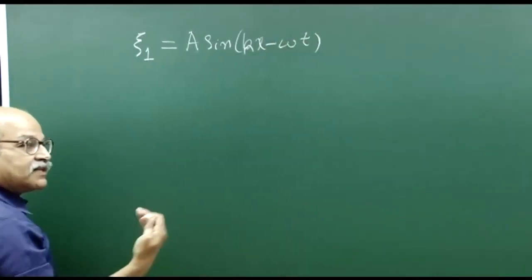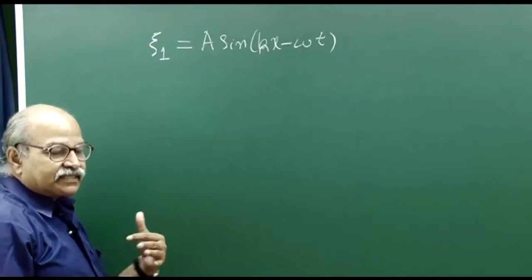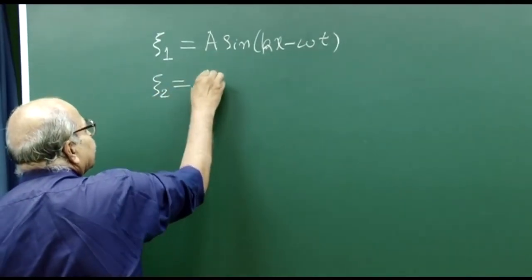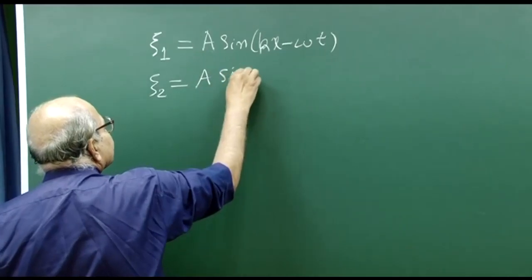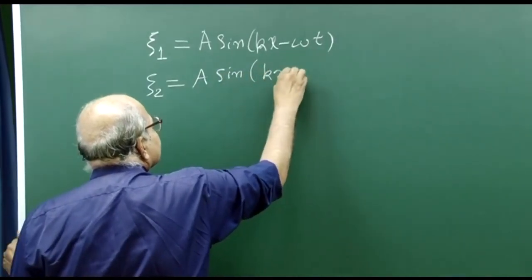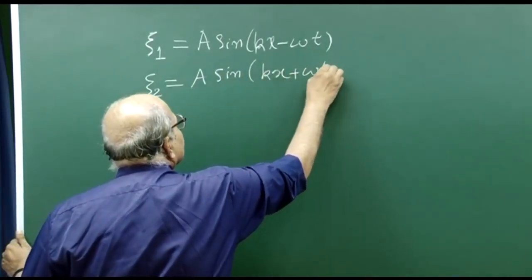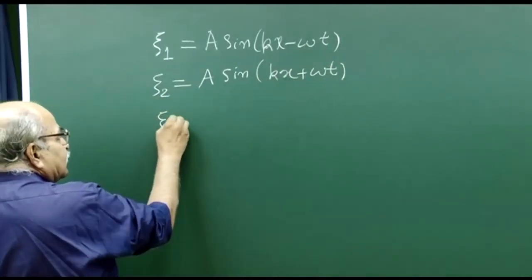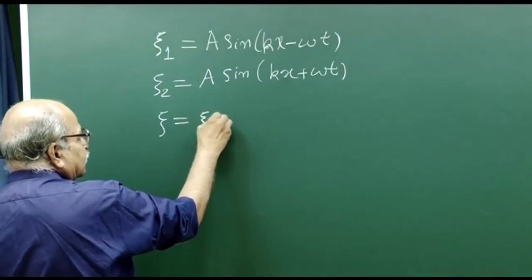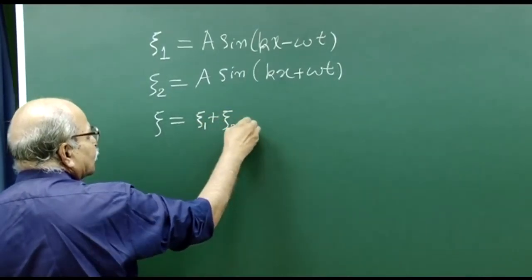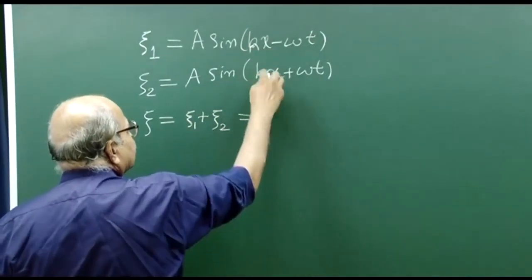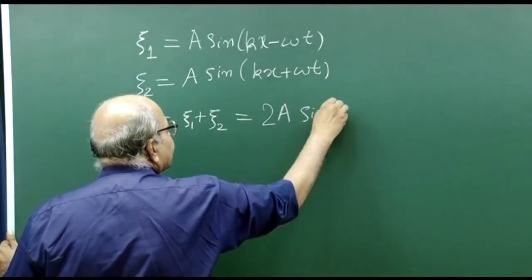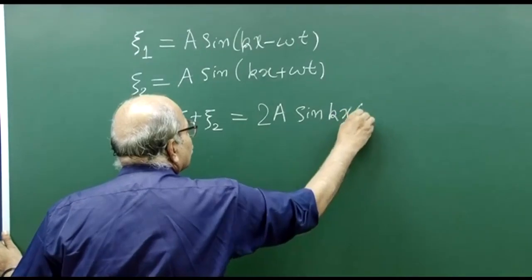And the reflected wave which comes in the negative x direction, for that the equation will be A sin(kx plus omega t), that is, x minus vt, x plus vt. So, the net is the sum of these two, and that will be 2A sin kx cos omega t.